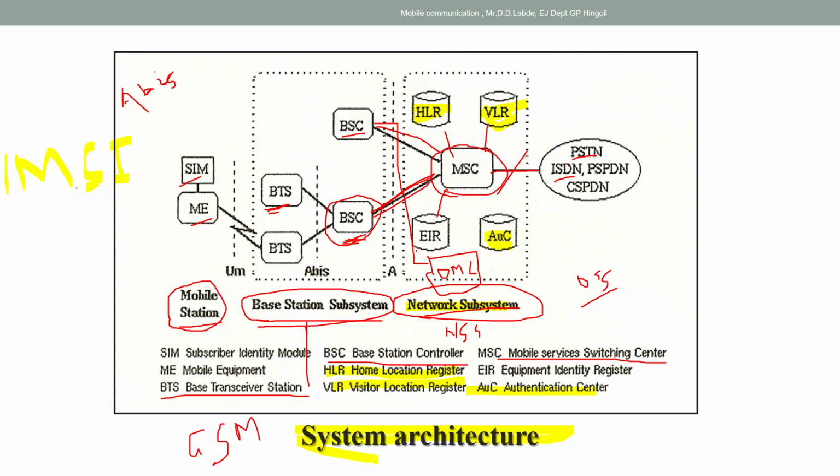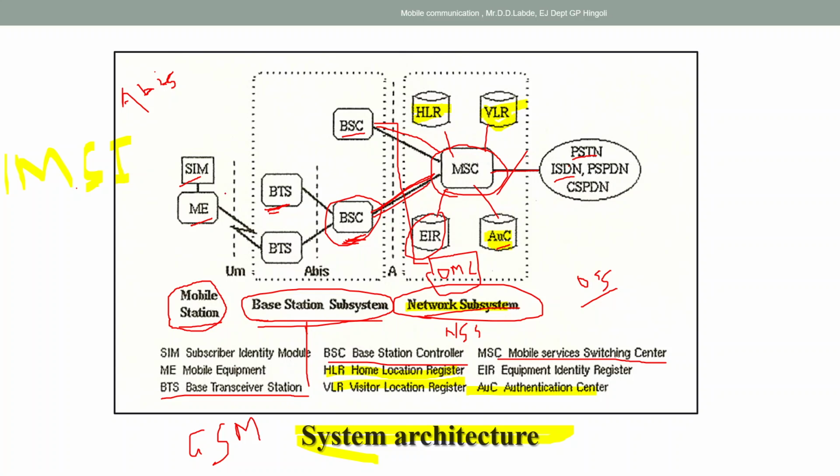The EIR identifies the equipment of each user, whether the user is from the same system or from another system. The AUC encrypts the information of HLR and VLR.